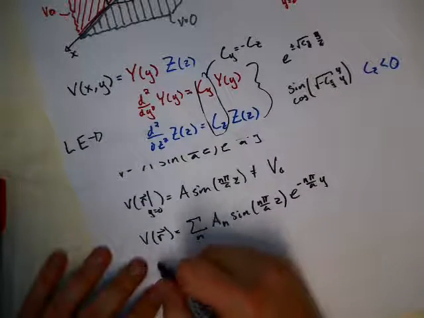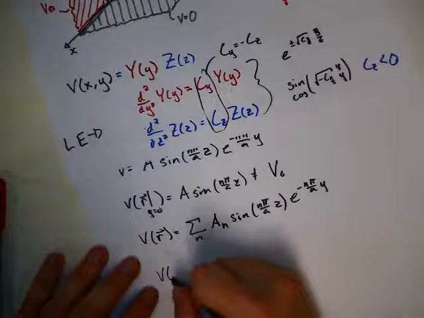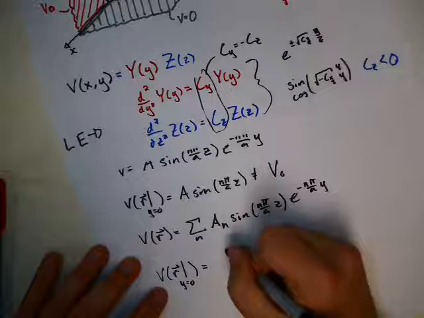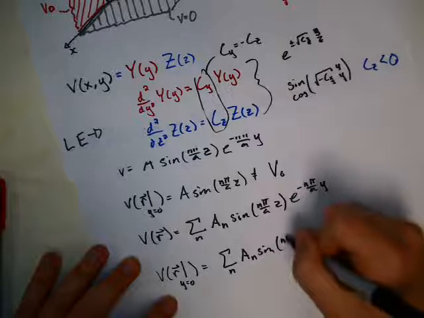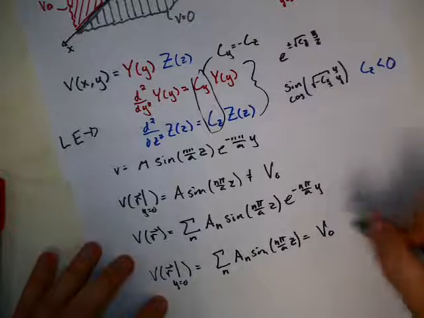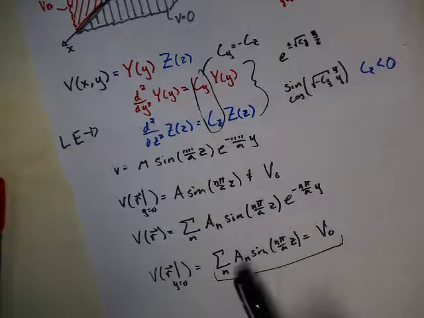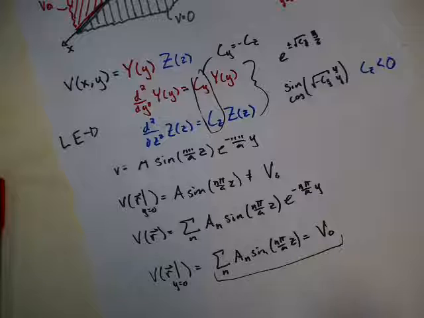The boundary condition we're going to look at now, v at y equals 0, is equal to the sum over n of A n sine of n pi over a times z, which should be equal to some constant. And now we have a slightly different question, which is, can we find a sequence A n that when summed up with sines will give us a constant over the range that we're looking at?